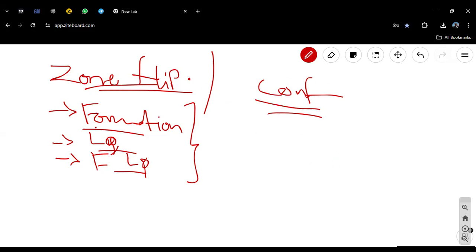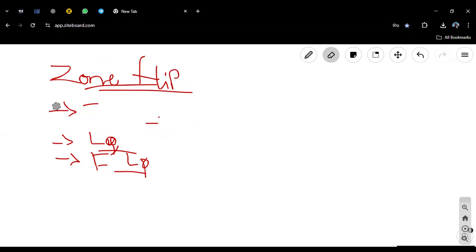So right now we will start with zone flip. I didn't have the premium version of this Zoom, so the first session will deal with this. Then I'll send another link that will deal with confirmation.